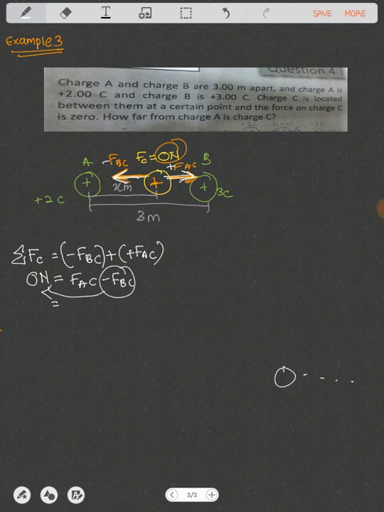Ataupun kita buktikan pada formula ni, bila kita dah tahu dia akan jadi 0 Newton, and then bila kita dah tahu the direction, or maybe kita buat yang ni FAC, ataupun kalau yang ni, kalau dia what you call positive charge, kalau charge sini adalah positif, dia akan berlaku macam ni. Okay, tapi kalau negative charge, kalau C ni negative charge, dia akan jadi macam ni.